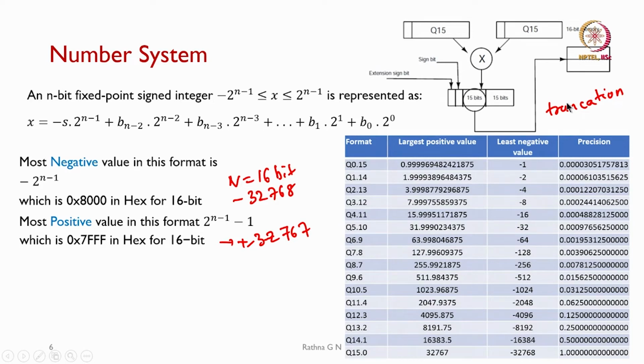But sometimes rounding may be required, because most of the LSB bits may be 1. Then I consider my 14th bit, and if it is 1, then I can add 1 to this and store the number back in the Q15 format. In that case I will be accounting for additional computation, which we have to pay for. Otherwise the simplest one is doing the truncation. So, proper care is taken so that the results are within these higher bits.